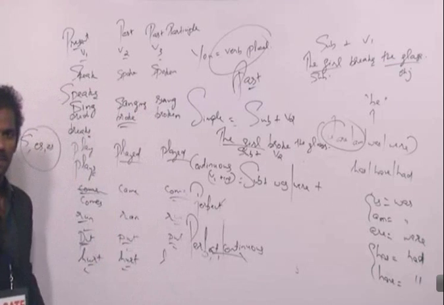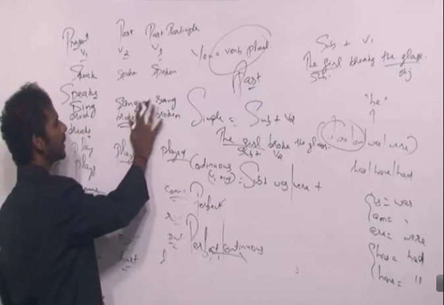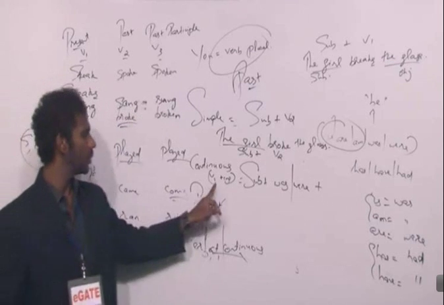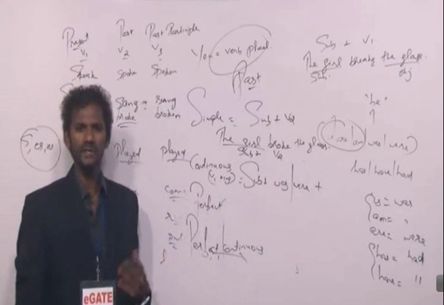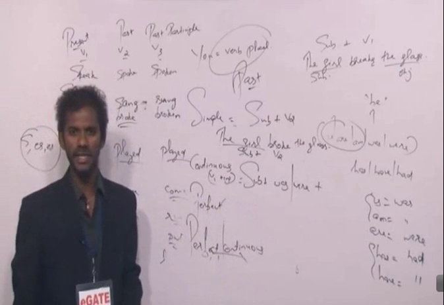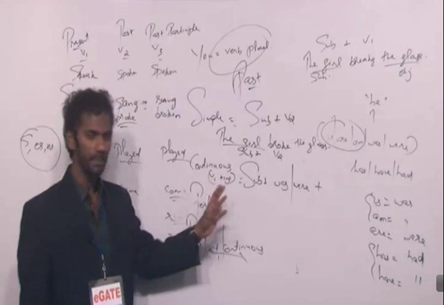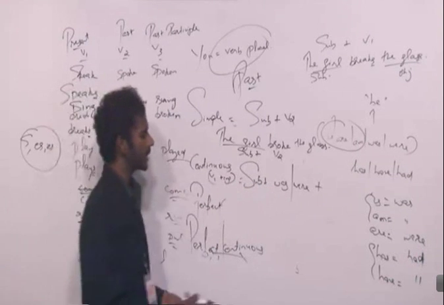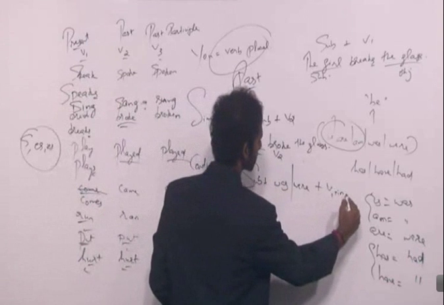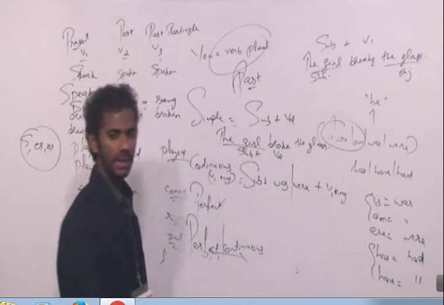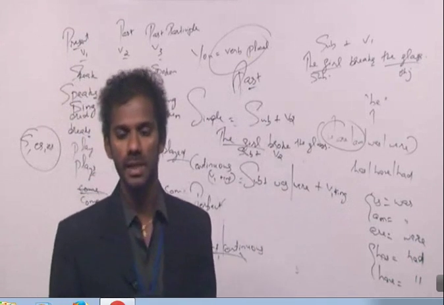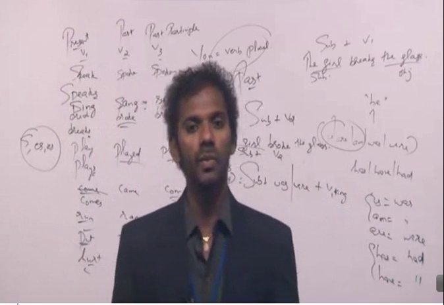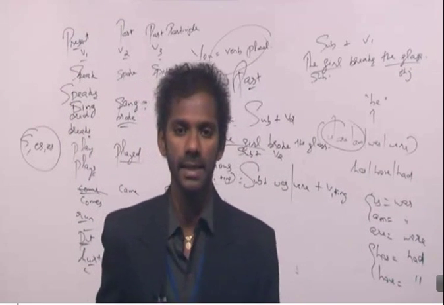Is anything like singing? No. So continuous means it's always V1 plus ing. Right? Nothing like V2 plus ing or V3 plus ing. Continuous means it's always V1 plus ing. So subject plus was or were plus continuous, so it must be V1 plus ing. Clear? So this is the rule of past continuous tense. Subject plus was or were plus V1 plus ing.